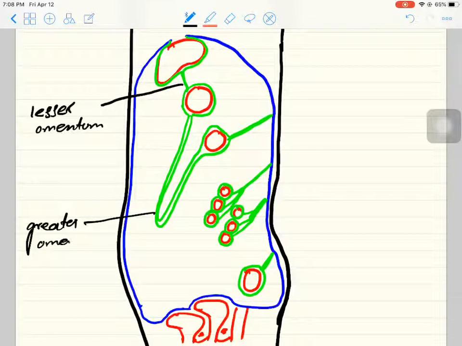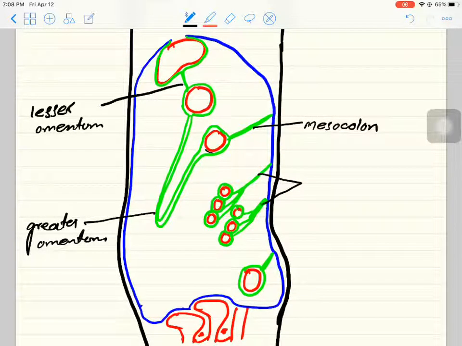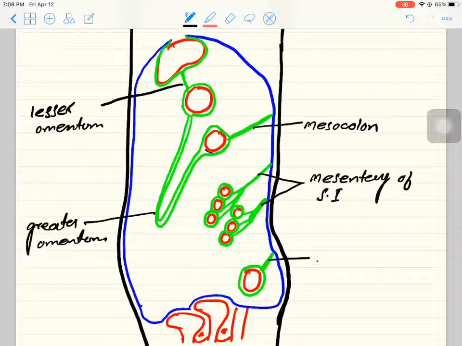And this double layer which attaches to the transverse colon and attaches the transverse colon to the wall is called the mesocolon. These two attach to the small intestine and to the wall and fix the small intestine to the wall. This is called the mesentery of the small intestine, and this is the mesosigmoid.